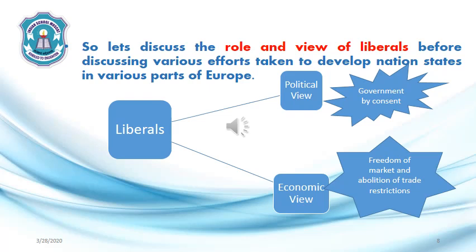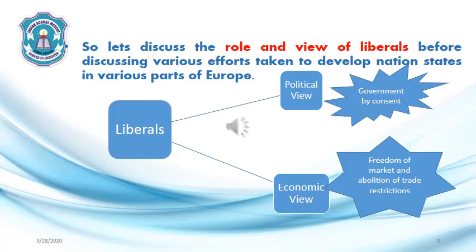When I talk about the political view, it was a government by consent for the liberals. Government by consent means government should rule as per the constitution. It doesn't mean that everybody had the right to vote. You know that. In Europe, everyone didn't have the right to vote. Women didn't have the right to vote. Non-propertied men didn't have the right to vote.